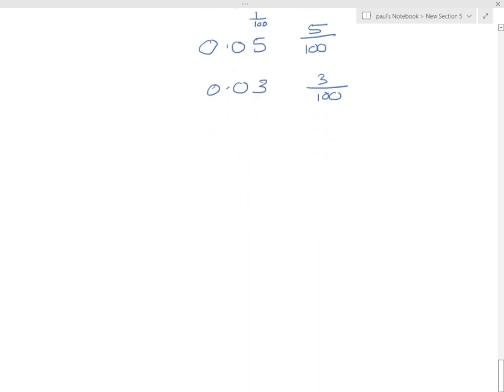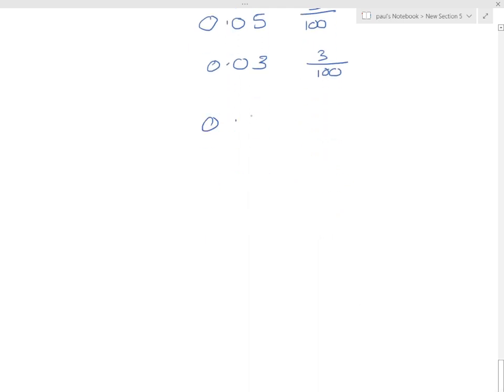And the same for the thousandths column. I'll just do one of these. 0.006 will be 6, because it's in the thousandths column, 6 over 1,000.